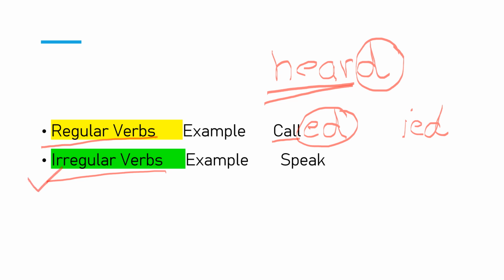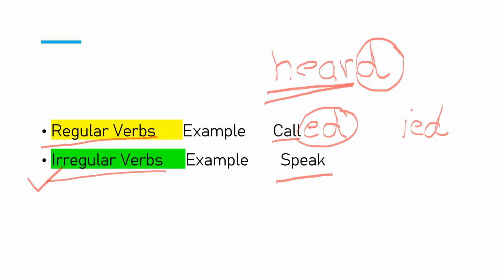Irregular verbs are the ones that form their simple past tense and its past participle by not adding ed or d to the base form of the verb. For example, speak. This is the base form of the verb.